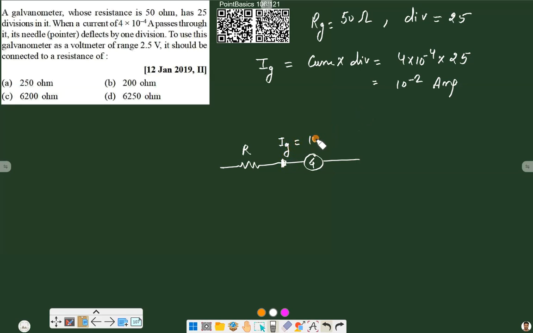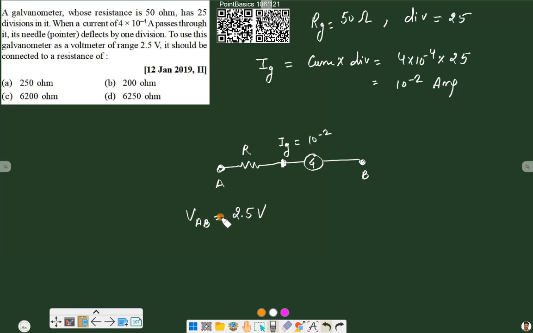The value of Ig is 10 raised to power minus 2 ampere, and the galvanometer resistance is 50 ohm. So we need to convert it into a voltmeter of 2.5. If this is point A and this is point B, then VAB is given as 2.5 volts.